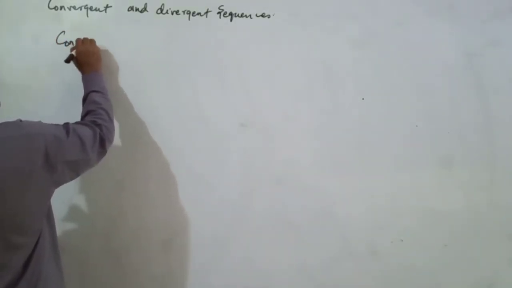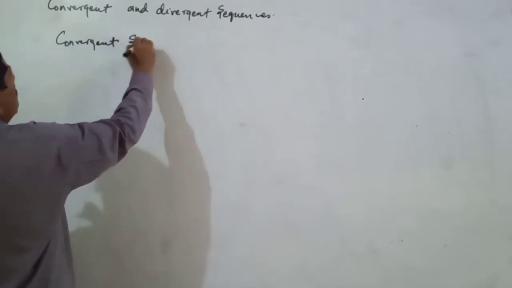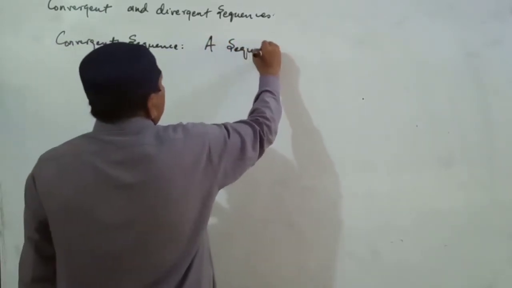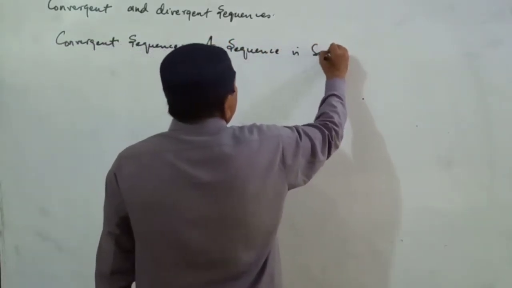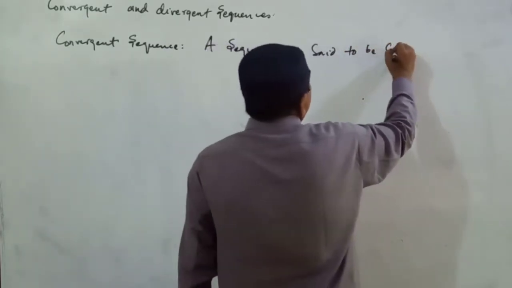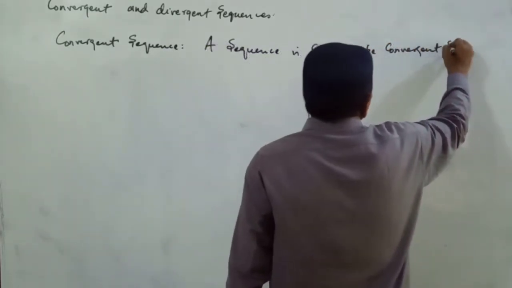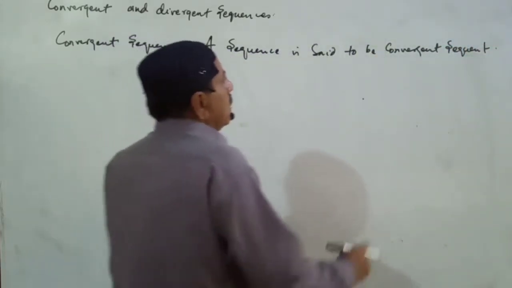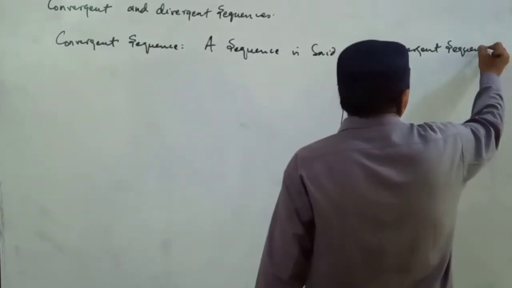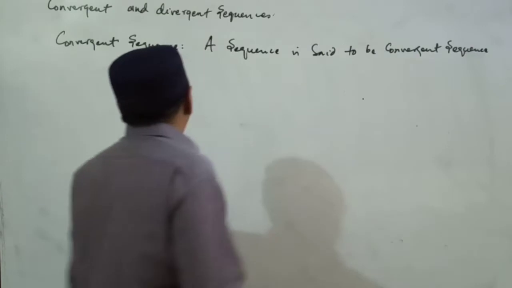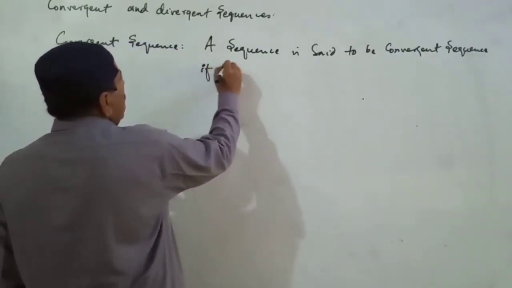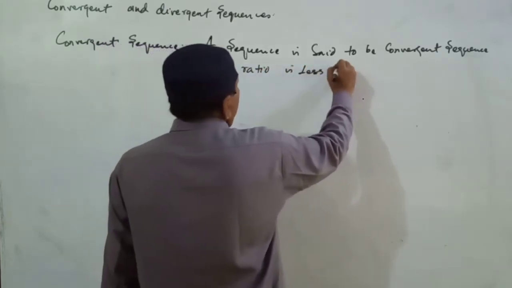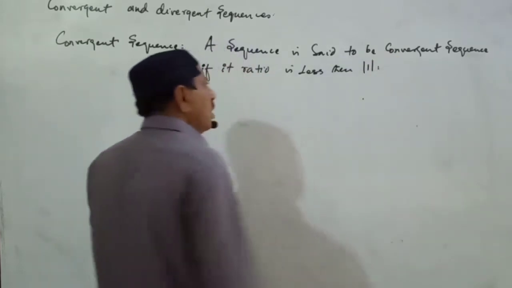Now, a convergent sequence. A sequence is said to be a convergent sequence if its ratio is less than mod 1.